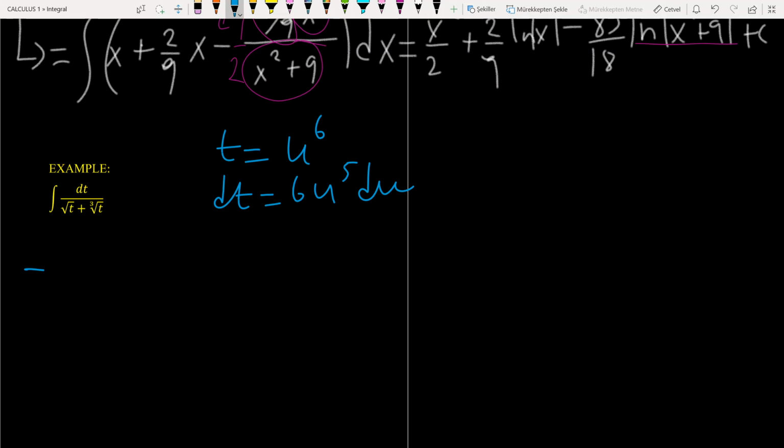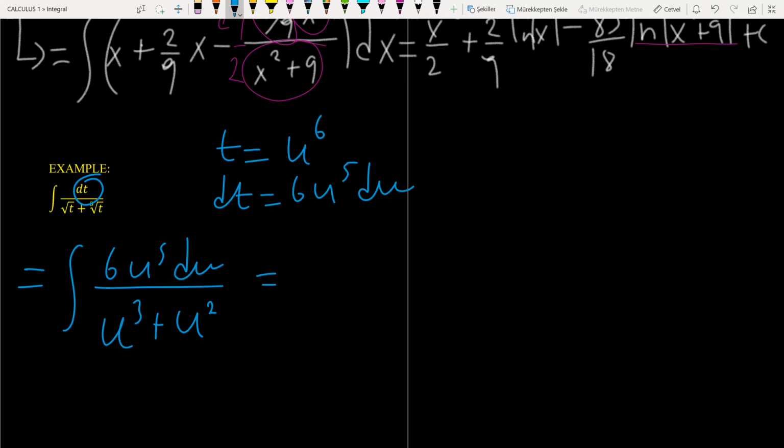So in this case, the integral becomes, instead of dt, we have 6u to the power 5 du. Instead of the square root, we have u cube. Instead of the cube root, we have u square.